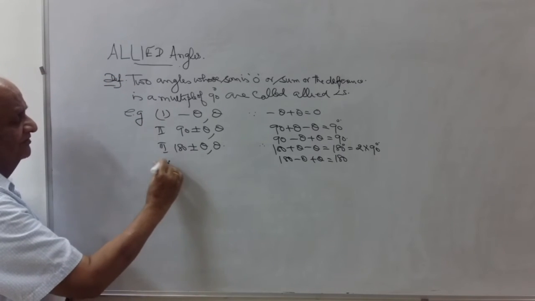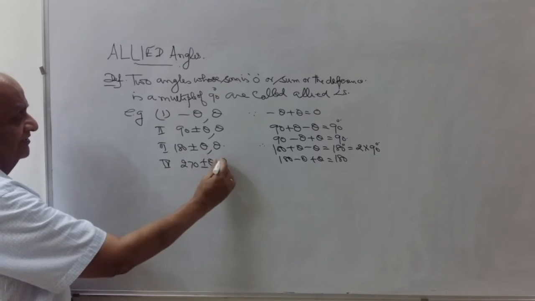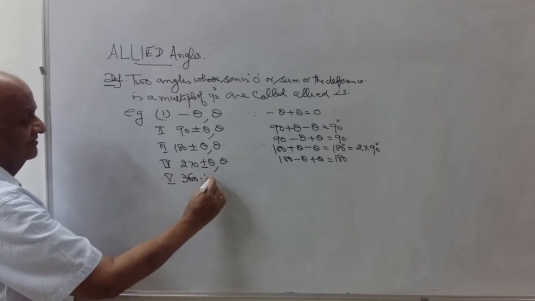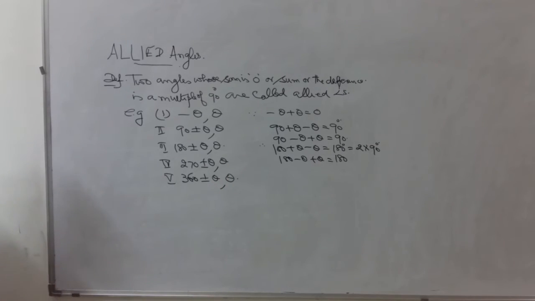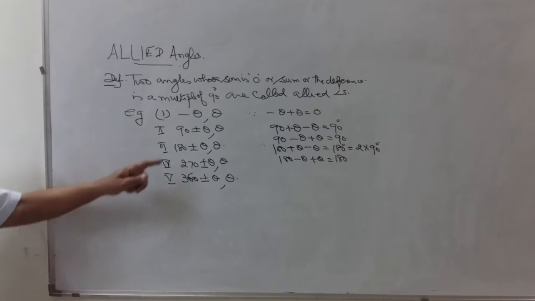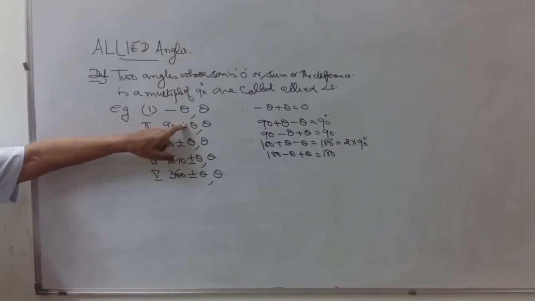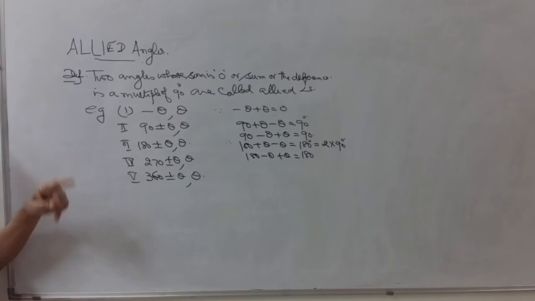And you can say in the same way 270 plus or minus theta, then it is 360 plus or minus theta and theta. See, these are called the allied angles. Now our problem is to study here the T ratios of, say, to start with minus theta, then sine 90 plus theta, sine 90 minus theta, and so on.